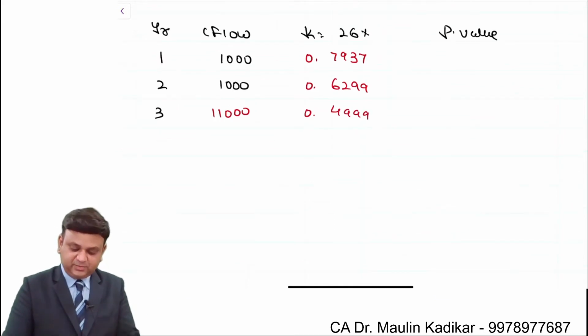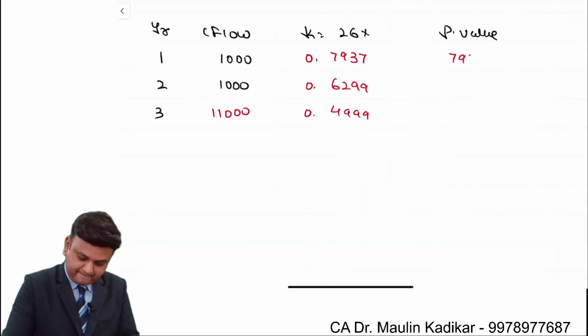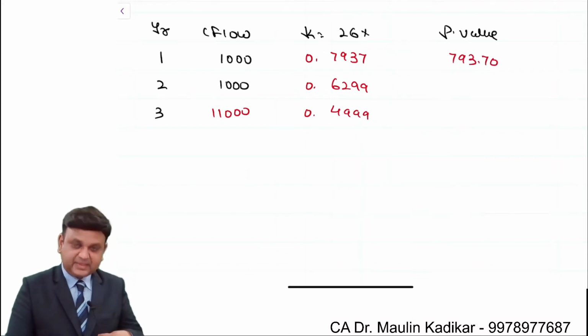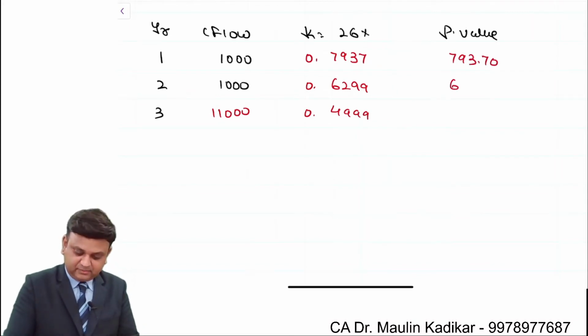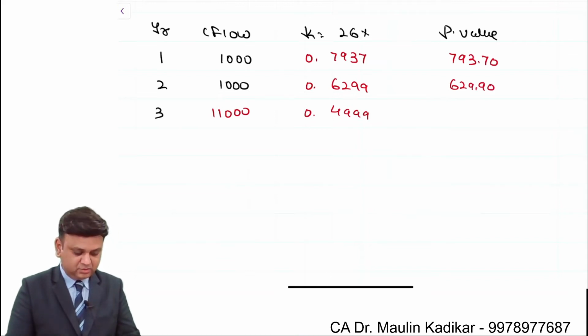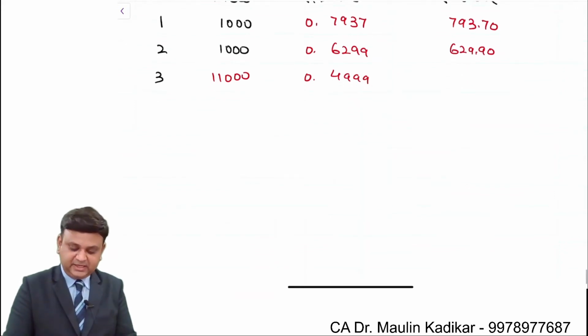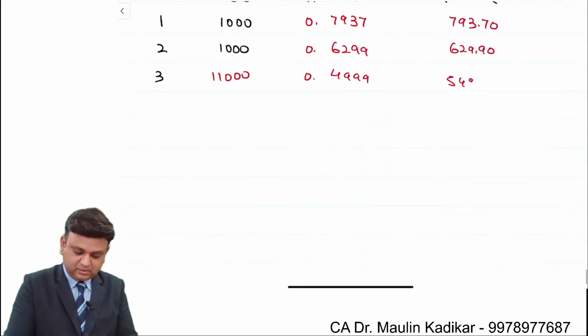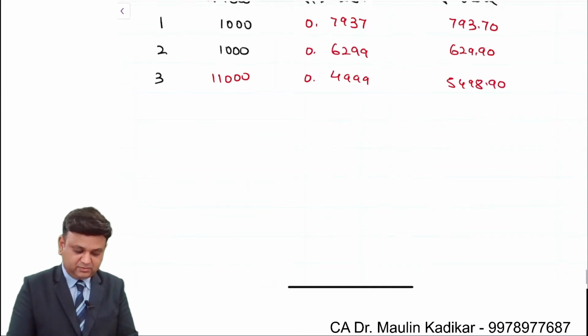So 793.7, 629.9, and 11,000 into 0.4999 is 5498.90.